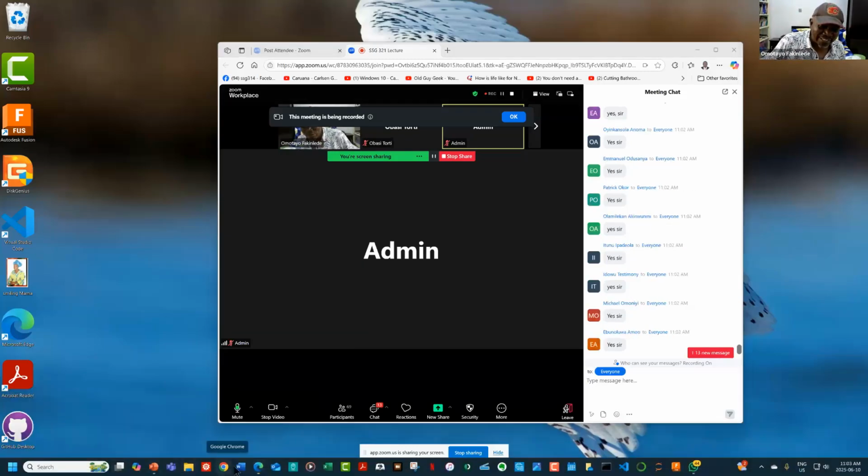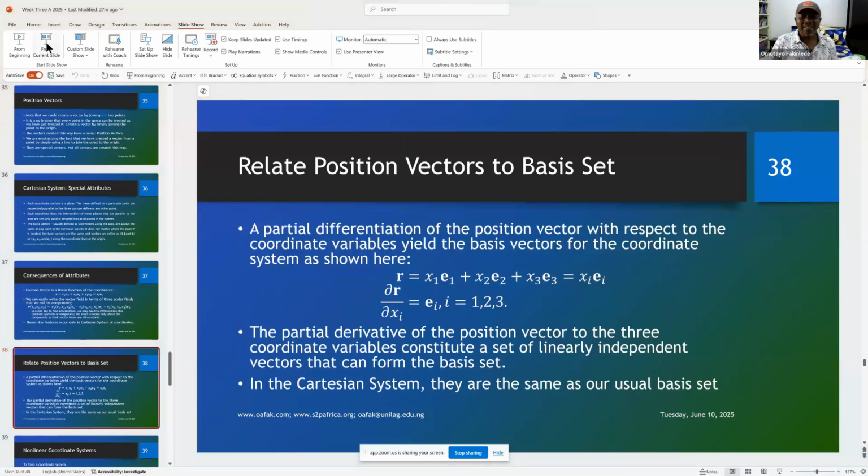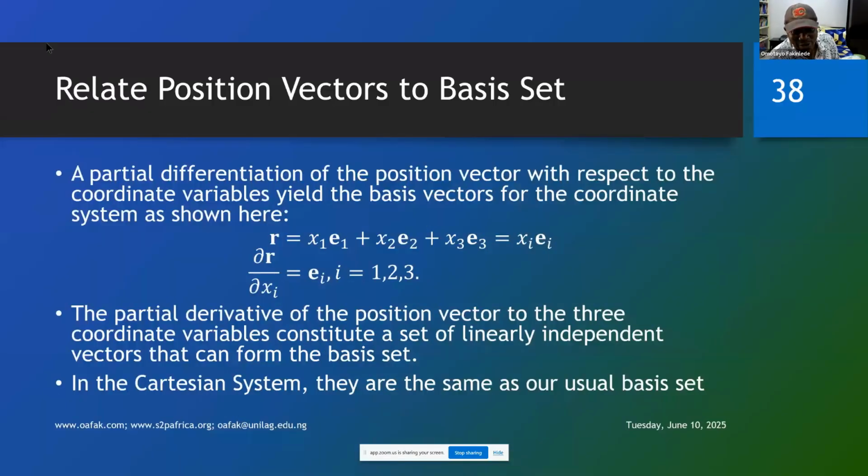I want to draw your attention to a very deep result, which looks so easy, but this result we are seeing here is something that applies to the Cartesian system, but applies to every system, whether Cartesian or not. If you differentiate partially with respect to the coordinate axis, you are going to receive the basis vectors.